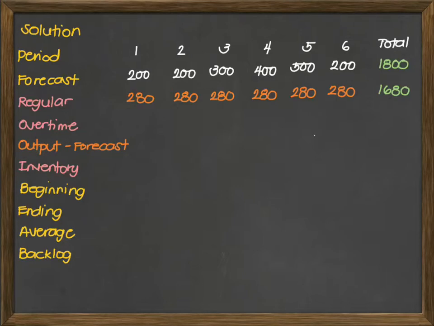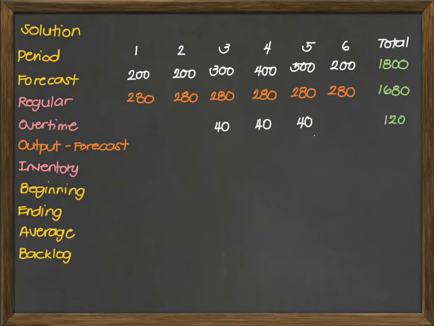So, syempre, lalagay natin yung overtime dun sa mga periods na obvious yung magiging negative yung output minus forecast natin. And yun yung mga periods na mas malaki yung forecast kaysa sa regular production output. So, that will be in period 3, 4, and 5.